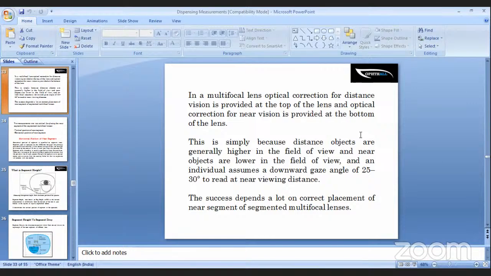This is simply because distant objects are generally higher in the field of view, and near objects are lower, and all patients assume a downward gaze angle of approximately 20 to 30 degrees to read at a near viewing distance. Success of multifocal dispensing depends a lot on the correct placement of the near segment, especially in case of segmented bifocal lenses.